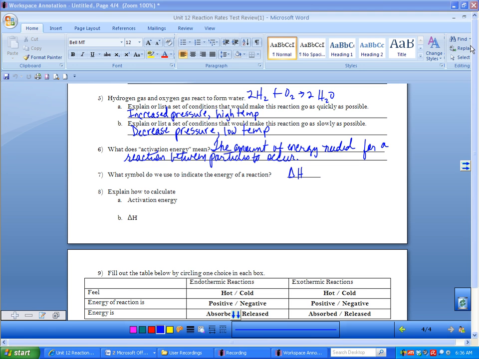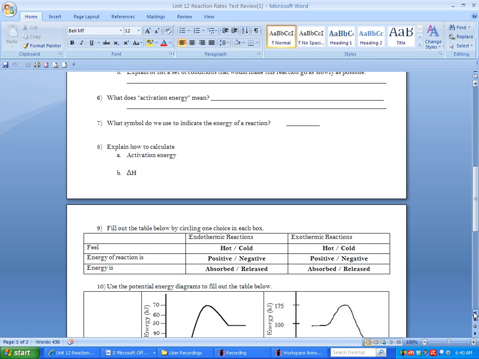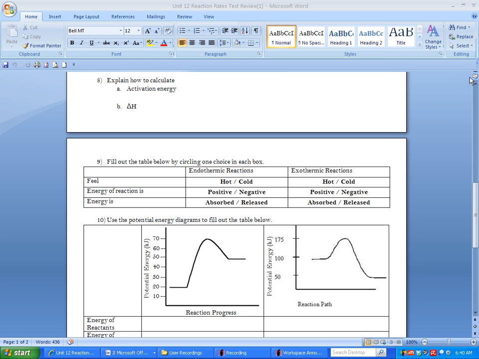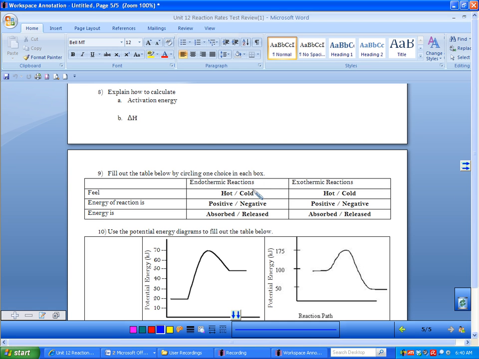So let me move on down so I can have a little more room to write. There we go. Okay. So how to calculate activation energy? And I say that activation energy is equal to the energy of the activated complex, and the activated complex is these little hills down here on these side bends. Energy of the activated complex minus energy of the reactant.